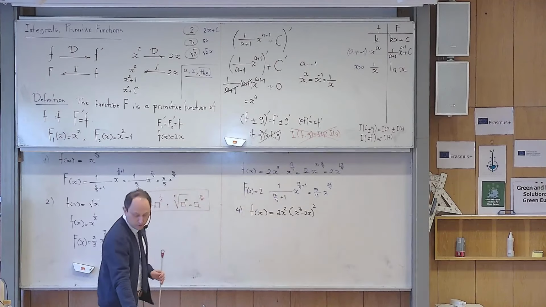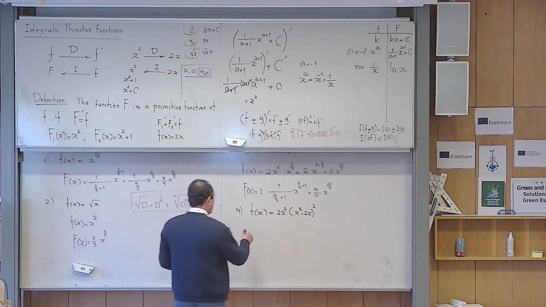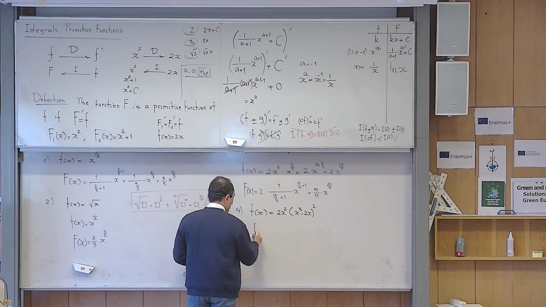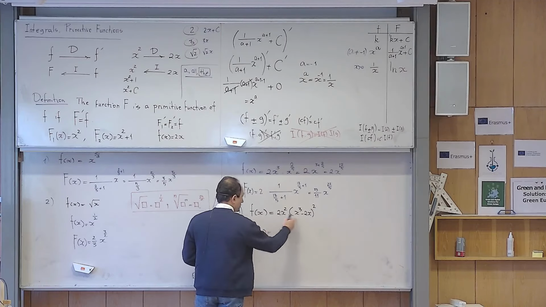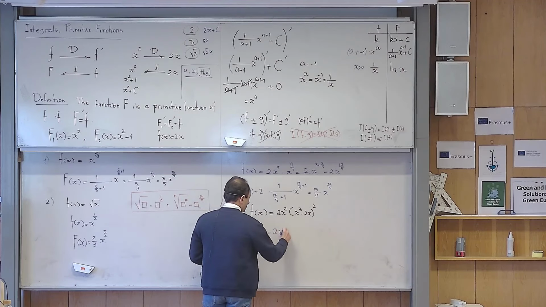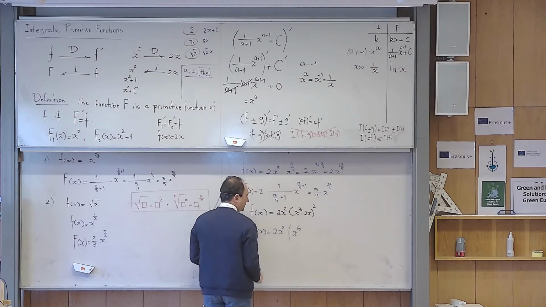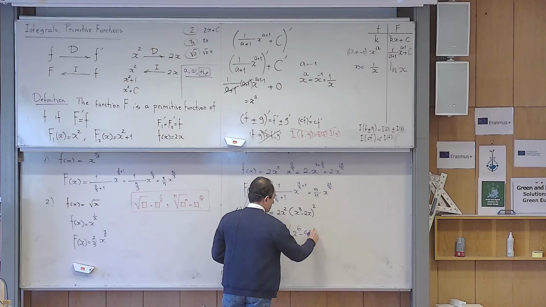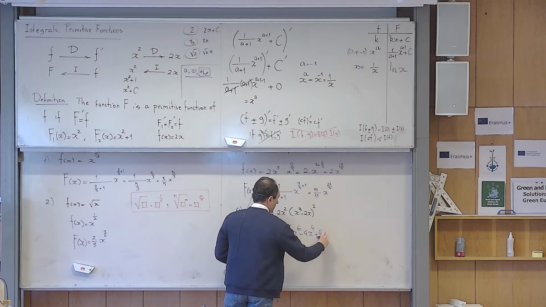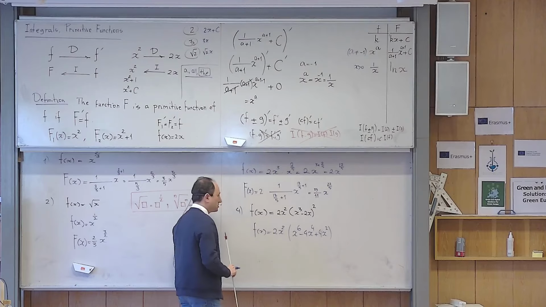So what I will do, I will write, still I don't start the process here. I want to simplify. So I would say the first one squared, 2 times the first one times the second one, and the second one squared. Okay? But it is not enough because I don't see that function there.